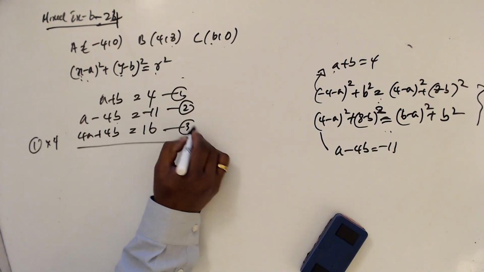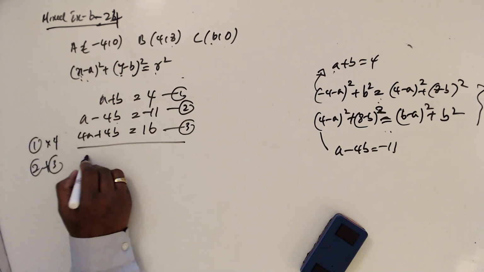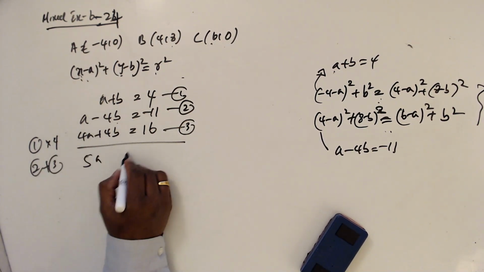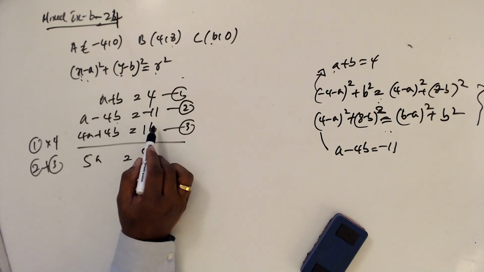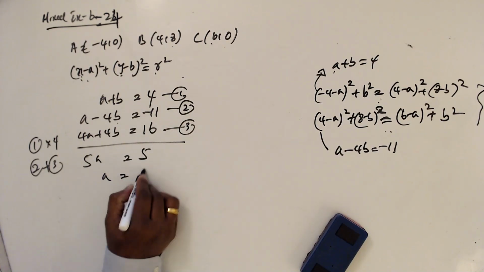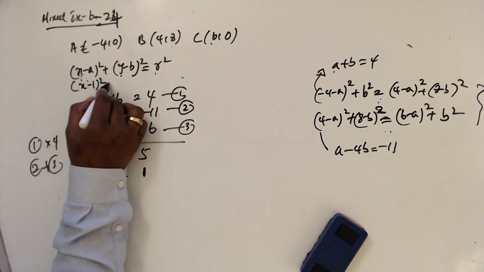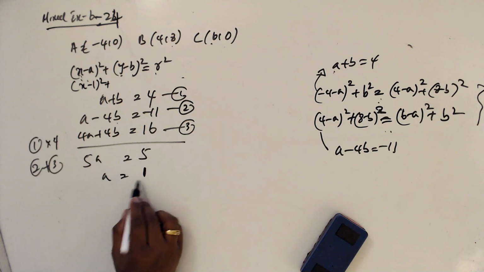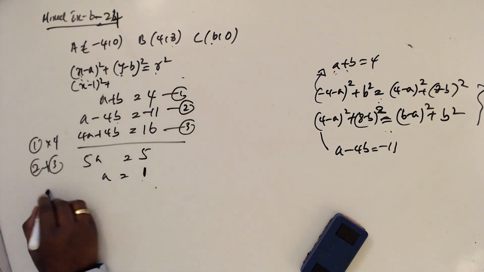This is 3. 2 plus 3 when I add, this is going to be 5a, this cancels out, this is going to be 5. And a is going to be 1. So (x − 1)² now. I want to find b. We'll find b from 1.